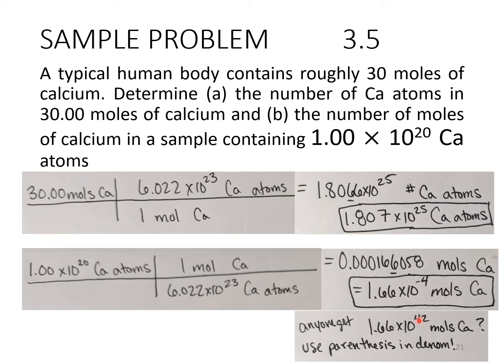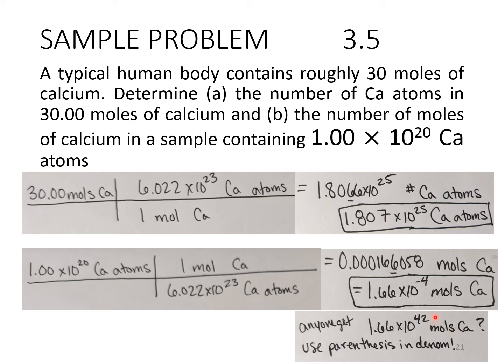Now times 10 to the 42nd moles of calcium, I mean, this would be more moles of calcium than there are atoms in the universe. It's absolutely nonsensical of an answer. So you've got to check your answer and make sure that this makes sense, okay? You could never have times 10 to the 42nd moles, right? A mole is already a huge unit.